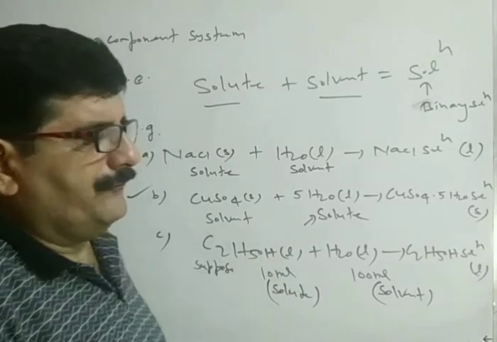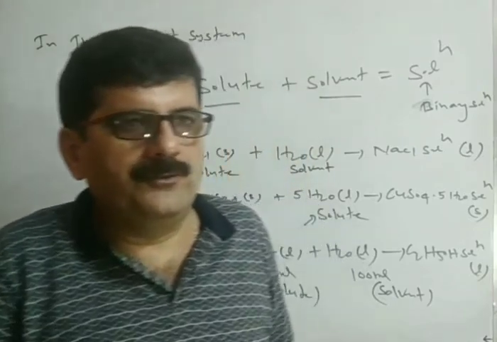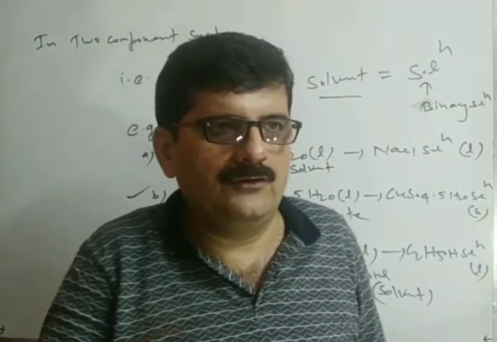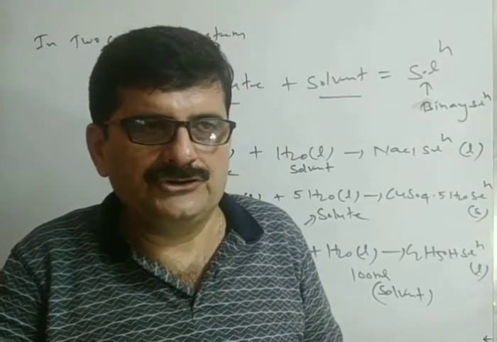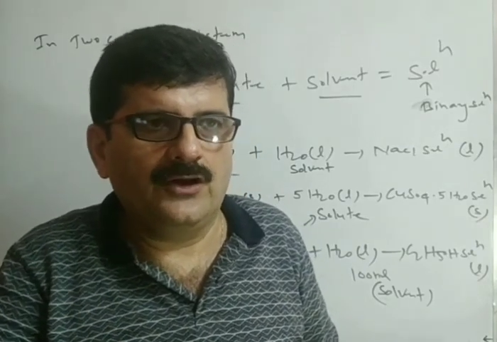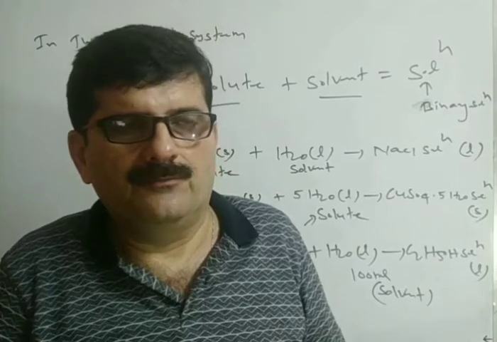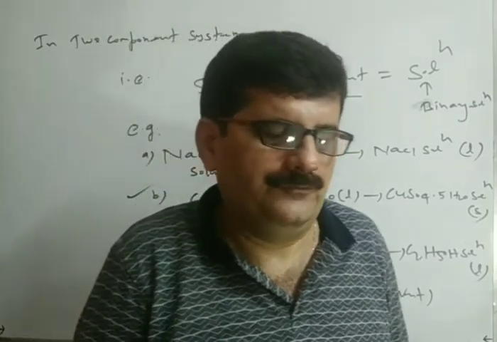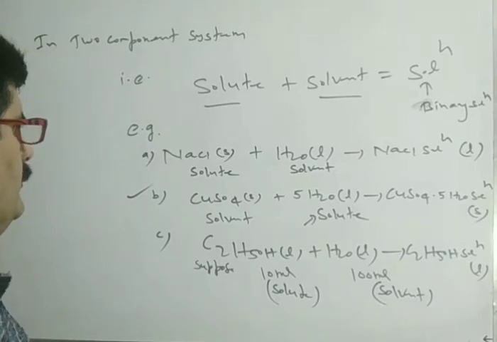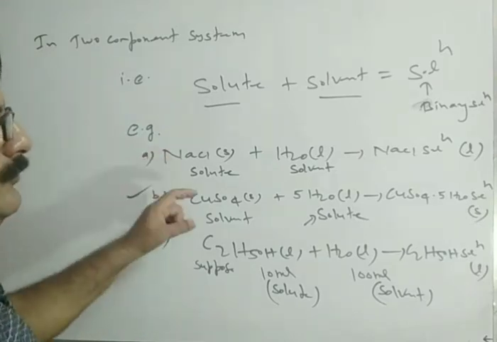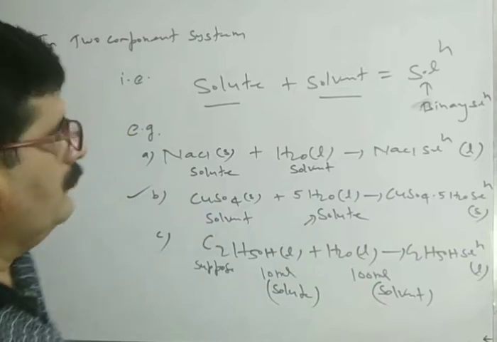If the quantity of both components becomes equal in solution, then generally the component whose density is higher is known as solvent and the other component is called solute. So this is a way to predict in solution which part is known as solute and which one becomes solvent.